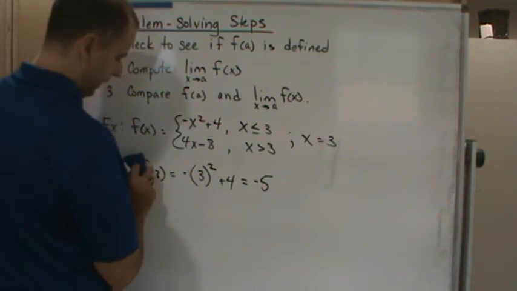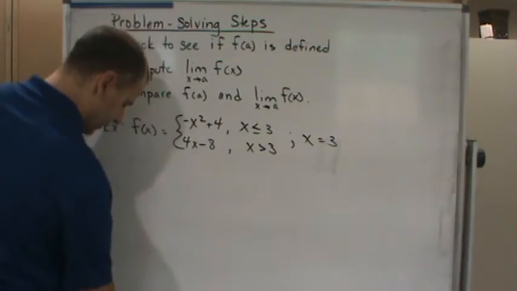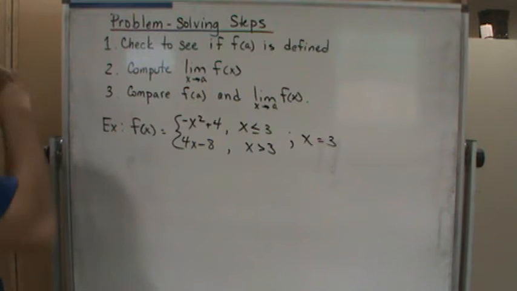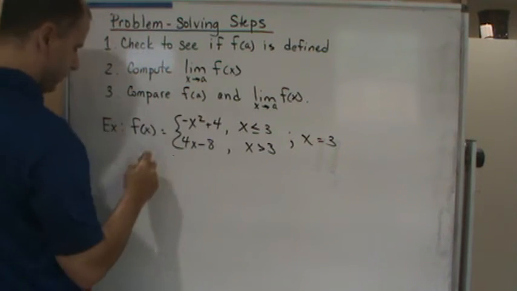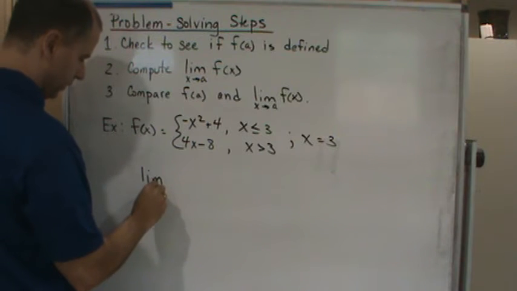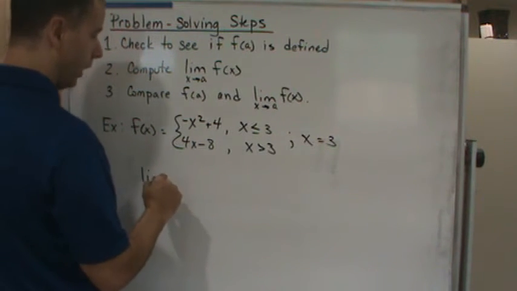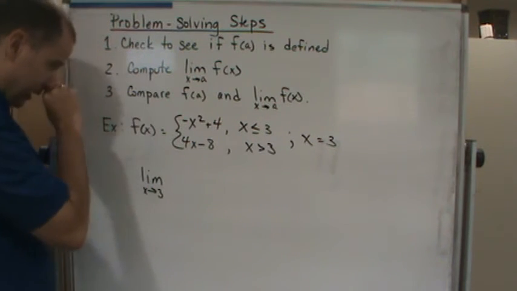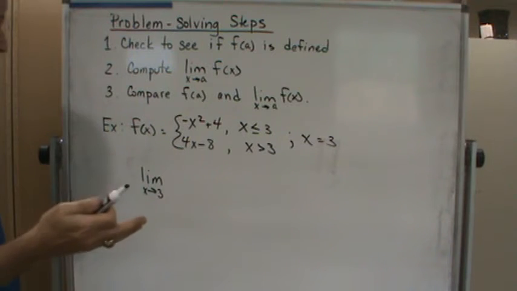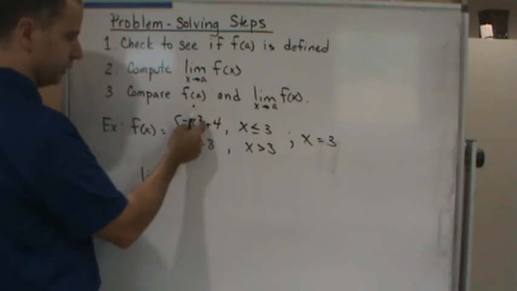Now we want to compute the limit. Okay, so it satisfied condition 1, so now we check condition 2. We're going to evaluate the limit as x approaches 3 of the piecewise function. In this case, we're going to have to do the left side and the right side separately because we've got 2 rules.